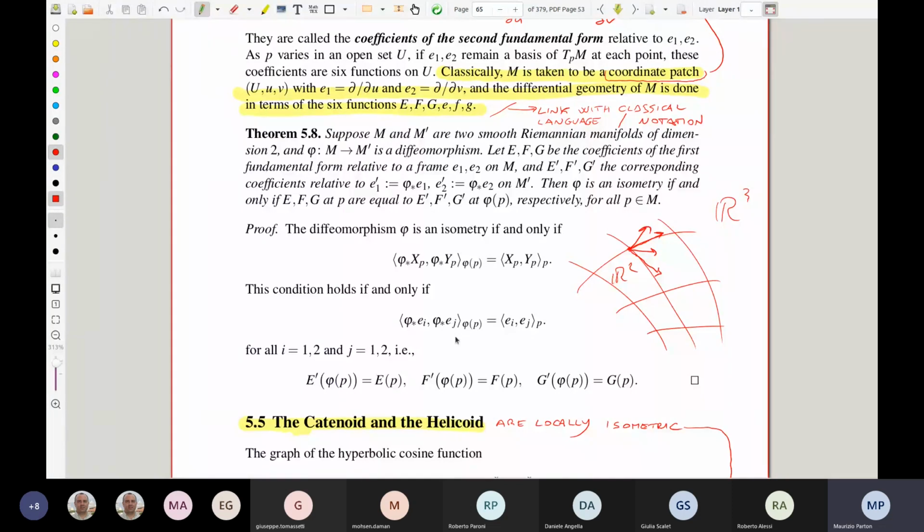And Rn has special directions, because Rn is defined as the tuples. The pairs R2 are pairs x and y. So I have the direction 1, 0 and the direction 0, 1. Okay, in some sense, in fact, this is called the canonical basis of Rn.